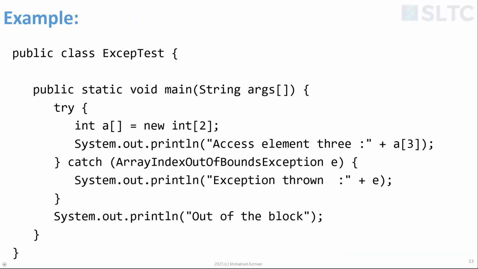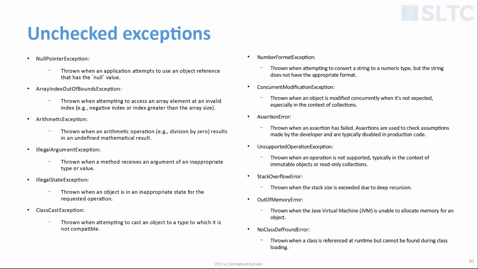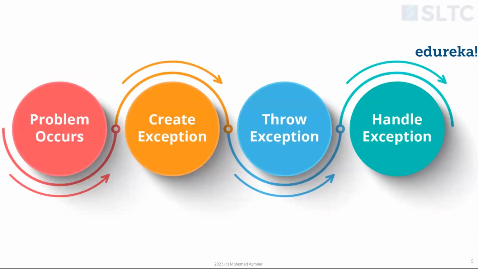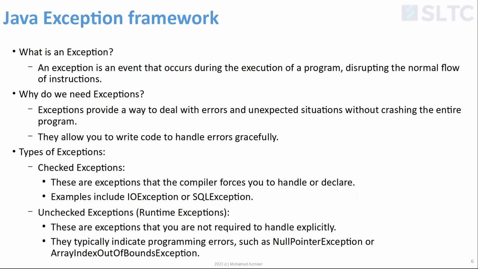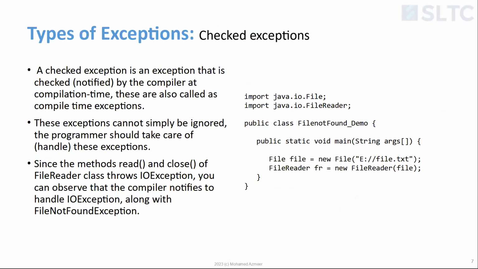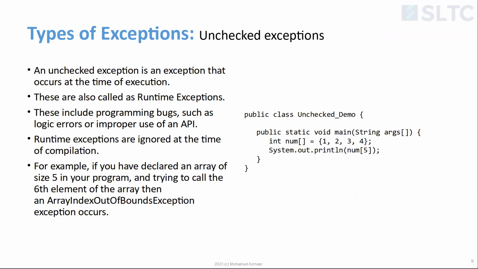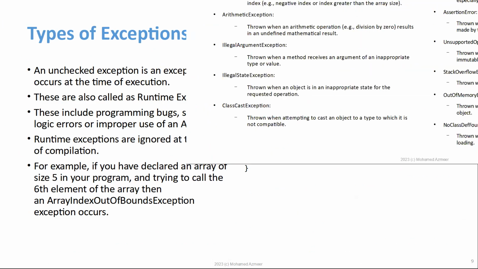So we looked at how exceptions are working. We looked at this as a framework, right? Then we looked at two kinds of exceptions, checked and unchecked. Checked are compile time checked. Unchecked are runtime exceptions, because they cannot be checked by the compiler, because anything can go wrong during runtime.